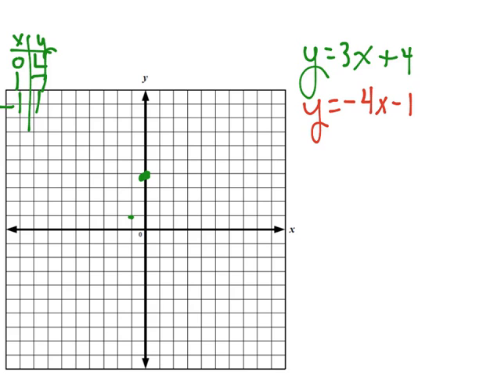Negative 1, 1. And we also could have gone 1, 7. So 1, 2, 3, 4, 5, 6, 7. Okay, I draw that line, and it's going to go right down through those 3 points. Close enough. And then I'm going to draw the line for y equals negative 4x minus 1.